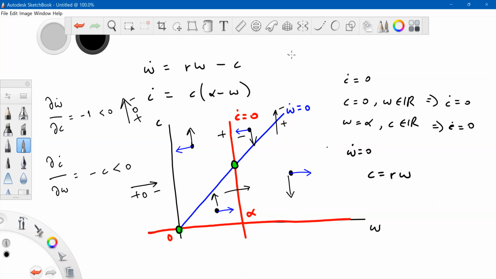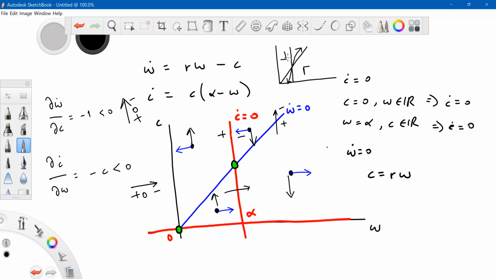Now, what type of an equilibrium is this? It looks like a saddle point. Yes, this looks like a saddle, right?